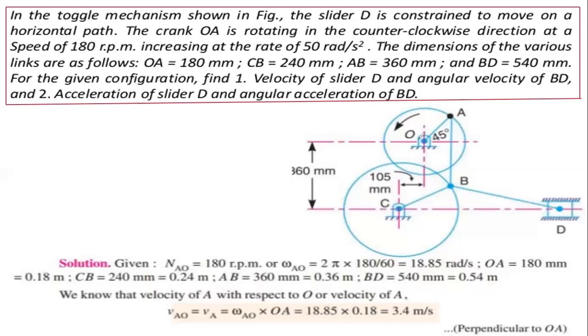CB is one link and BD is one link, AB is one link and OA is one link. So in total there are four links. OA has a length of 180 mm, AB has 360 mm, CB has 240 mm and BD has 540 mm length.